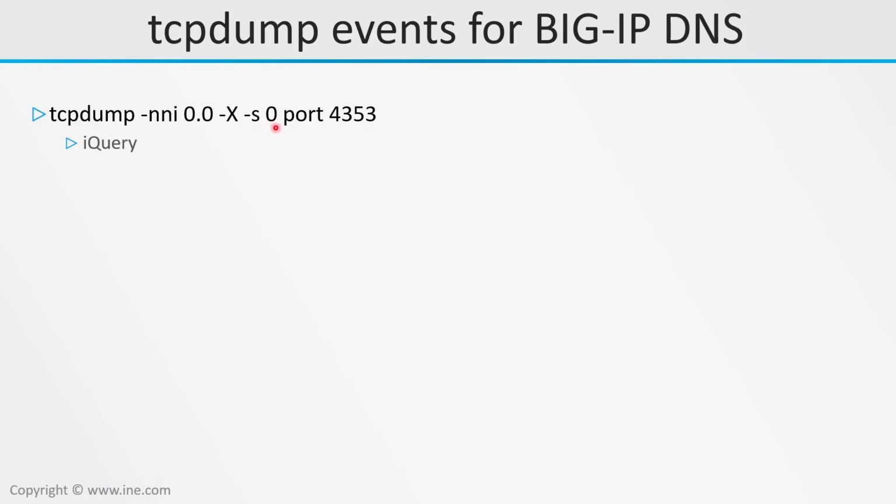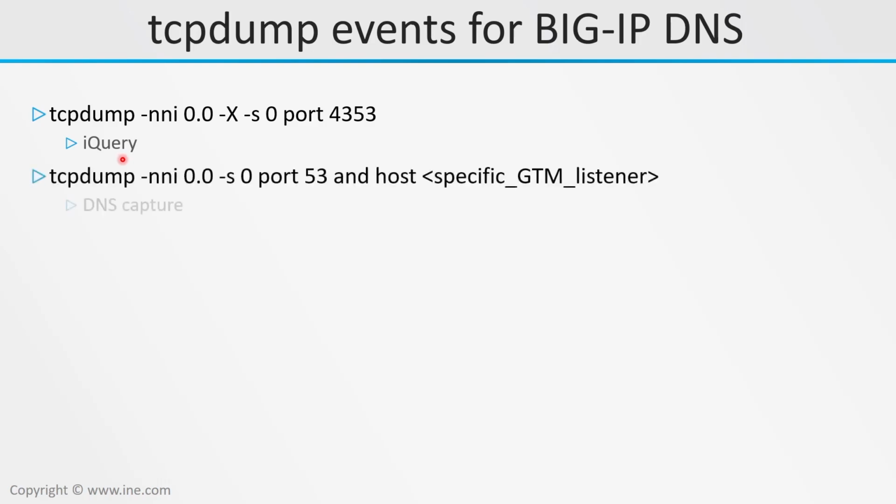We're setting the full packet length. 0 specifies the full 65,535 packet length, and then port 4353 is the standard iQuery port on TCP. So that is an example iQuery connection, and the traffic is going to be encrypted, so you won't see the actual packet information unless we use ssldump, which we'll get to in a little bit.